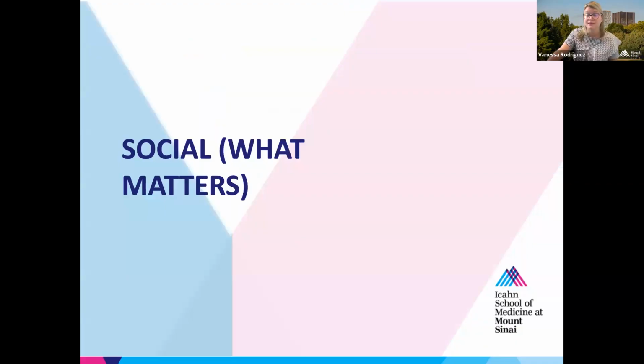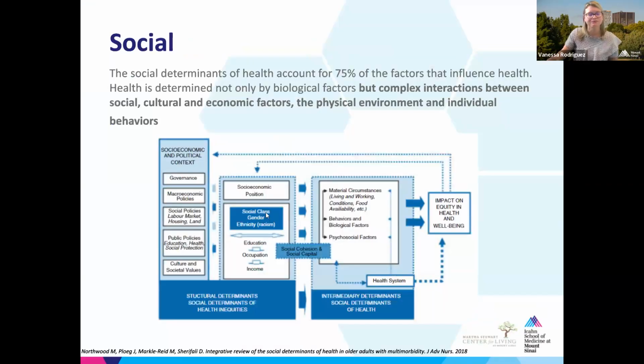Then social, what matters most. Social is one of the biggest domains when taking care of older patients, and social determinants of health really account for 75% of the factors that influence health. So really understanding the context, not just the interactions, that there is so much complexity among the interactions that patients have to navigate, not just from healthcare, but also economic, cultural, social, physical environment, and individual behaviors.